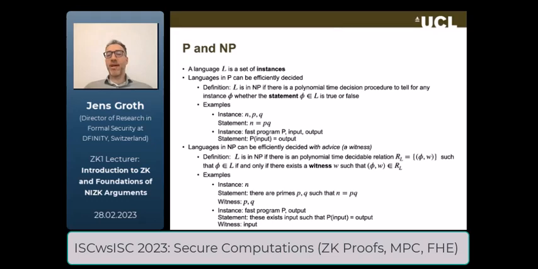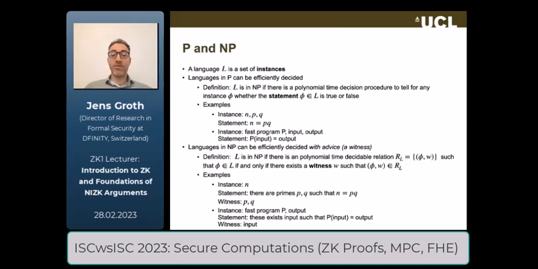And if you have a program and an output, you may claim that this is the output of some legitimate input. The witness could then be that input. If you know the input, if you have the witness, then it's easy to check that you can run that program on the input and get the output.